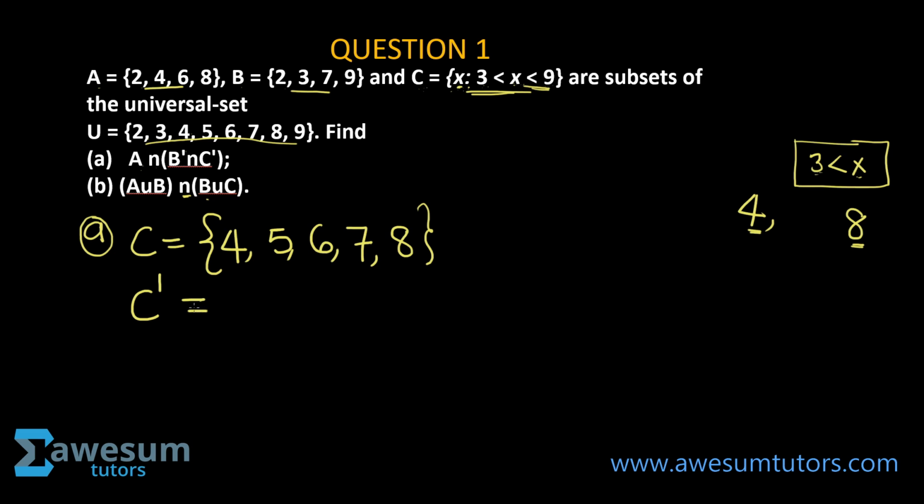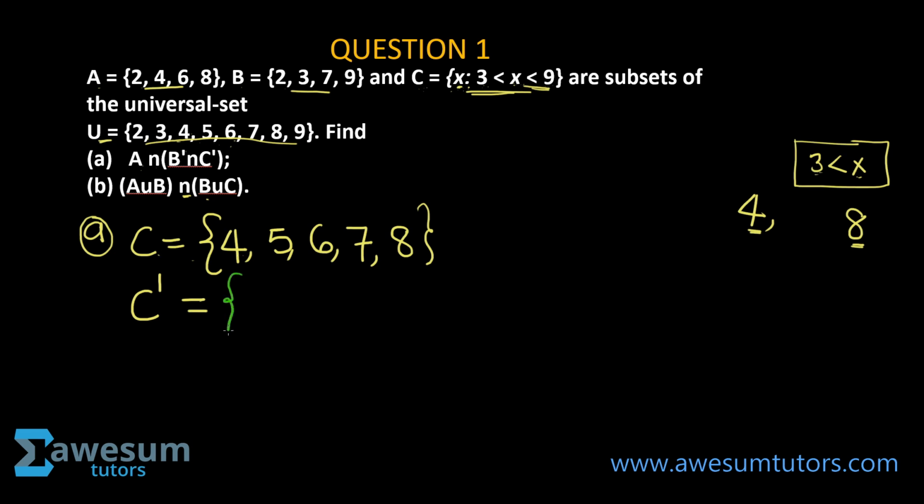The C complement will be a set of all elements which are present in the universal set, but not in C itself. What this means is that what are the elements in this universal set right here, but you cannot find them in this C.